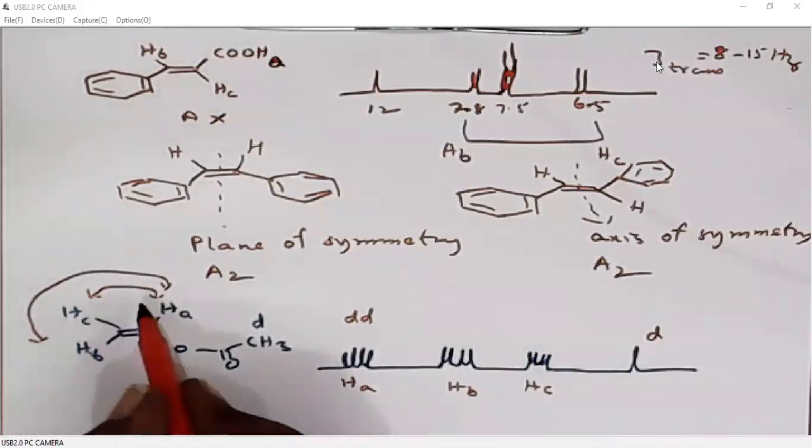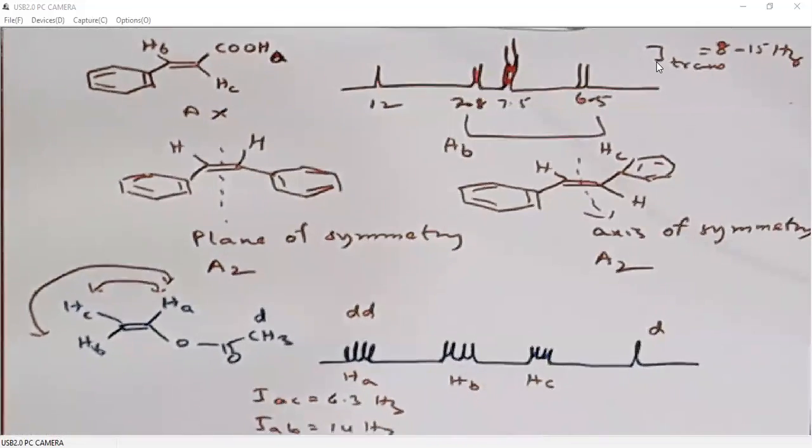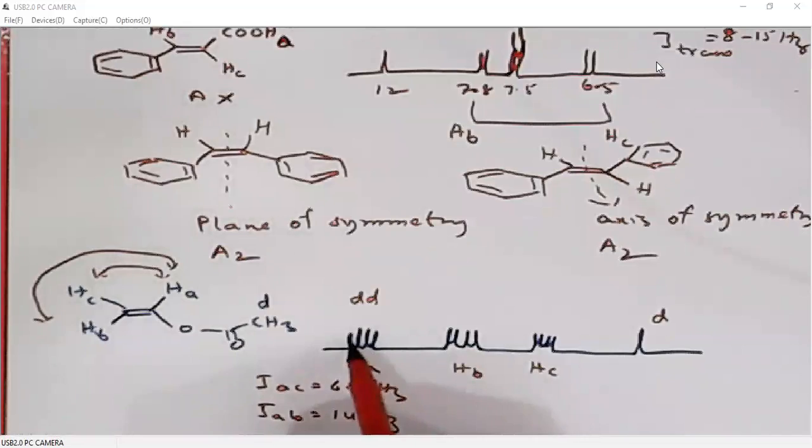Because it has cis coupling and trans coupling, generally the cis coupling will be 6.3 Hz and the trans coupling will be 14 Hz here. So we observe a large separation among the peaks.